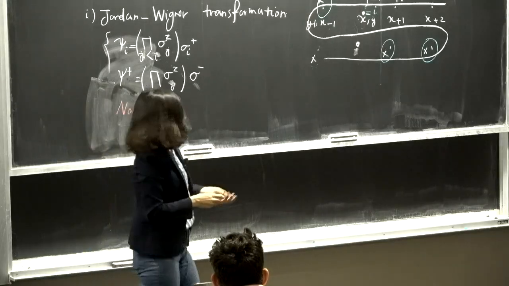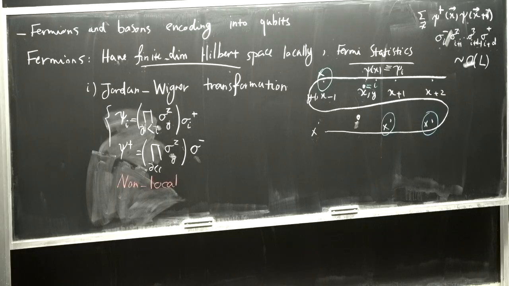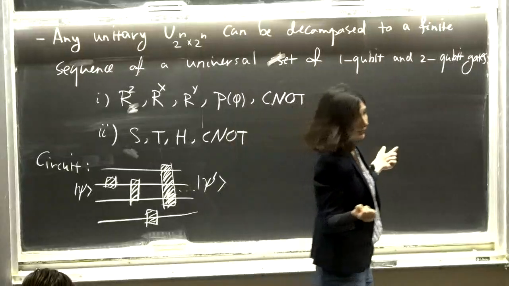Because what it means is that if you have an interaction like that and you want to turn it into a set of gates on your qubits, those gates could involve entanglements between multiple qubits, and those qubits would be polynomial in size of the system.